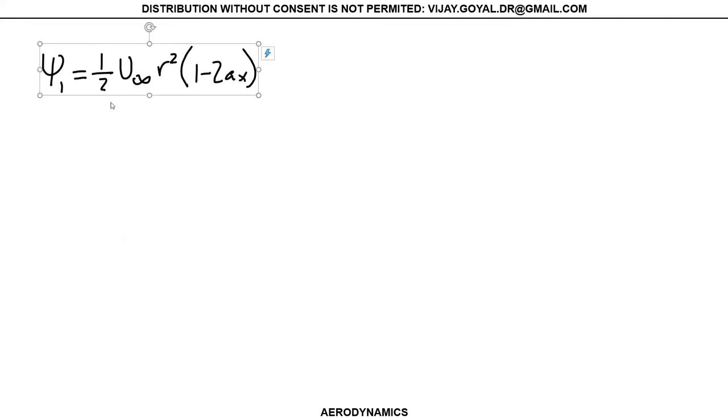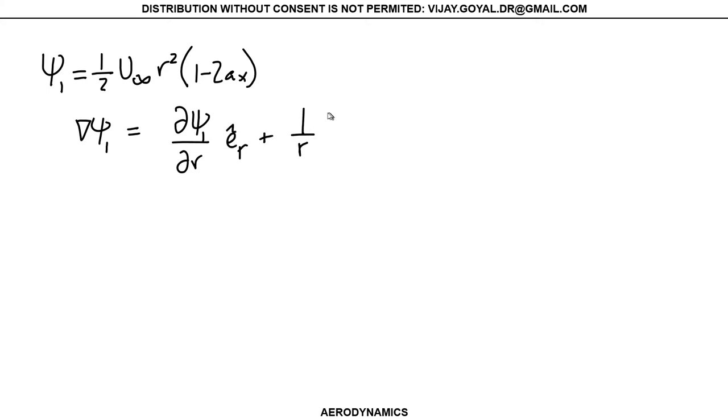This is your first streamline function, and the gradient of psi 1 is equal to partial of psi 1 with respect to r, er, plus 1 over r partial of psi 1 with respect to phi, e phi, plus partial with respect to x.